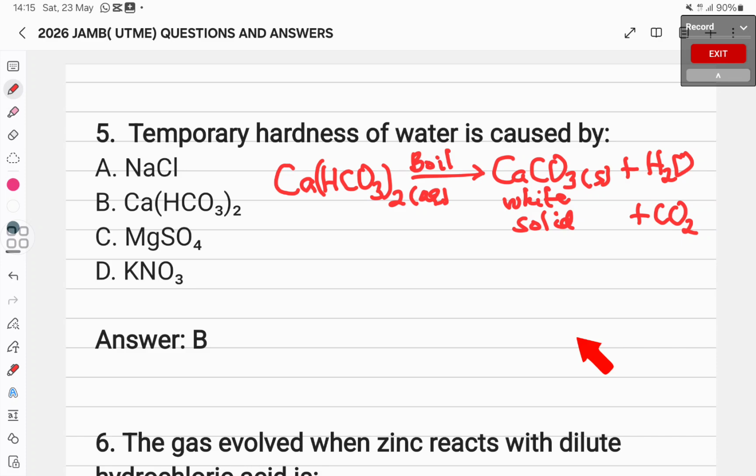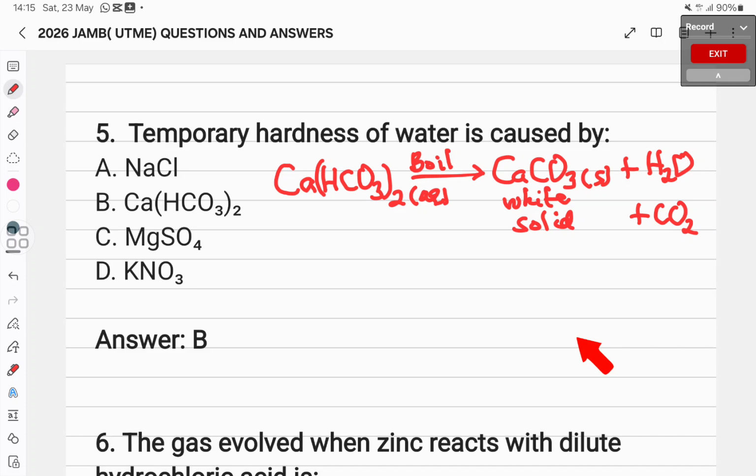The causes of permanent hardness in water are the dissolved salts of calcium and magnesium, which are chlorides and sulfates, mainly chlorides and sulfates. For instance, when distilled water dissolves calcium chloride, it will introduce permanent hardness to that distilled water, so it becomes permanently hard.